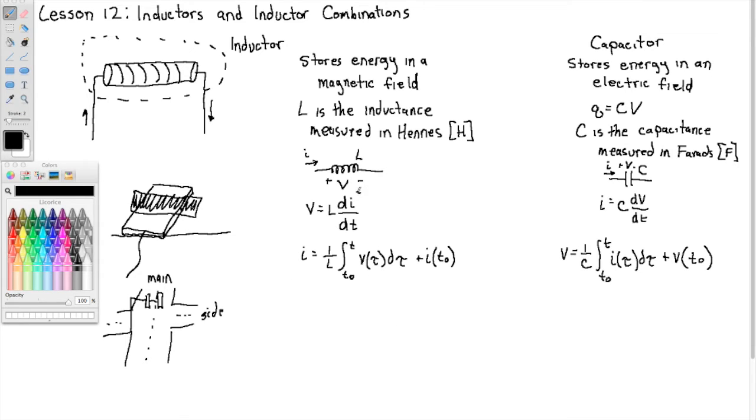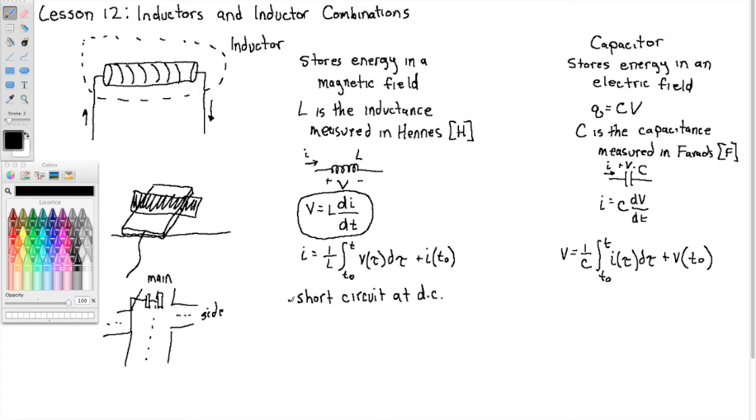Now, from this equation here, we can make two conclusions. The first is that the inductor is effectively a short circuit at DC.